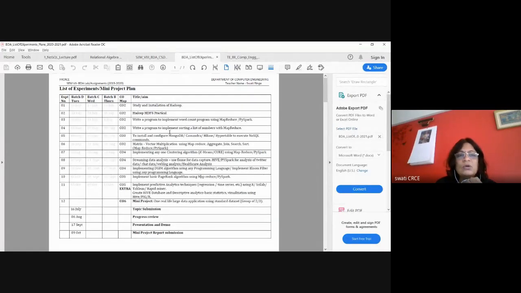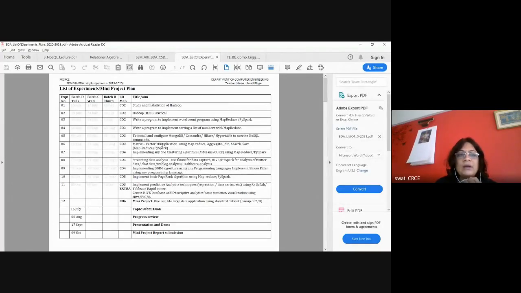Or if it is a single node cluster installation, then on that virtual machine you install the single node installation of Hadoop. So it is only one machine which is acting as a master and slave, and then you can configure that Hadoop with Eclipse, and then you perform the practicals using Java or Python with Eclipse. Okay, and the first 3 experiments are word count implementation, sorting a list of numbers, and matrix vector multiplication.